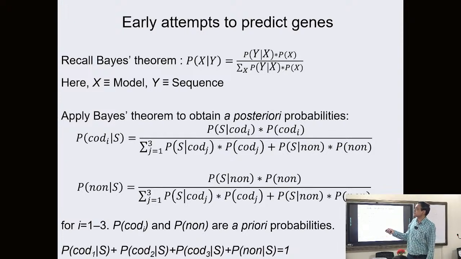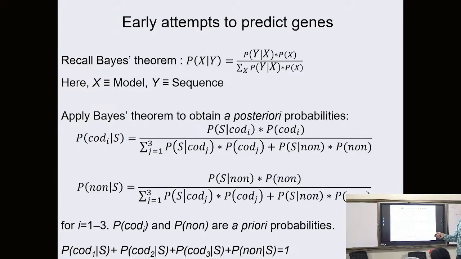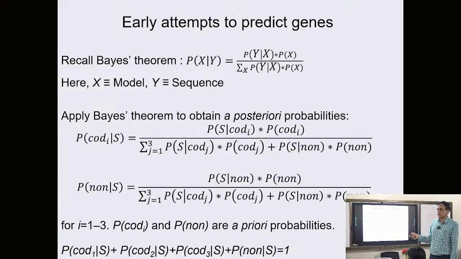So X is not the sequence, Y is the sequence. Y is the evidence. X is the model, and you said protein coding, so that's the protein coding model. You are tempted to say 90% because of your prior knowledge about bacterial genomes.